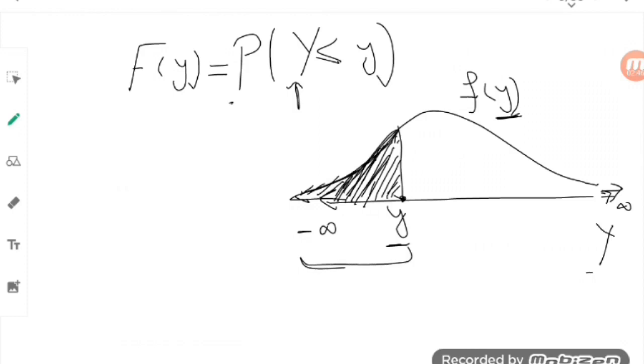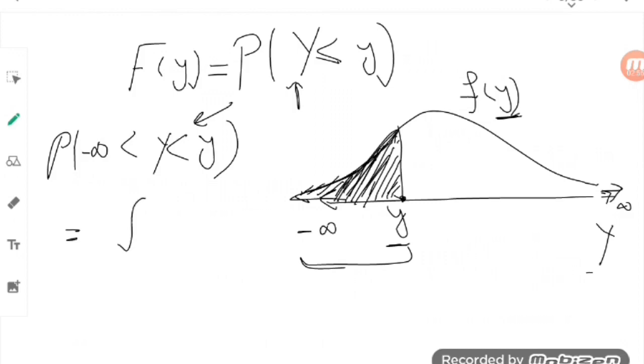This means we need to find the probability that y takes a value greater than negative infinity and less than a certain value y. So this will be a definite integral over the PDF over the specified interval, which is from negative infinity to y.